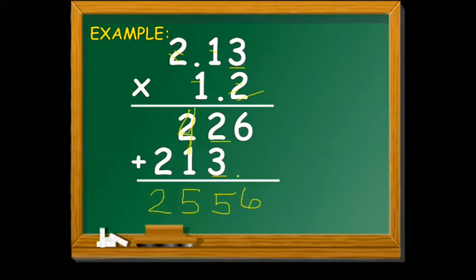After that, we will count the decimal places from the right side. Ayan tayo magsimula. Let's count hanggang marating natin yung decimal point. So, 1, 2. Here we have 2 decimal places. The other one, we have 1. So 2 plus 1 will become 3. So we have 3 decimal places.